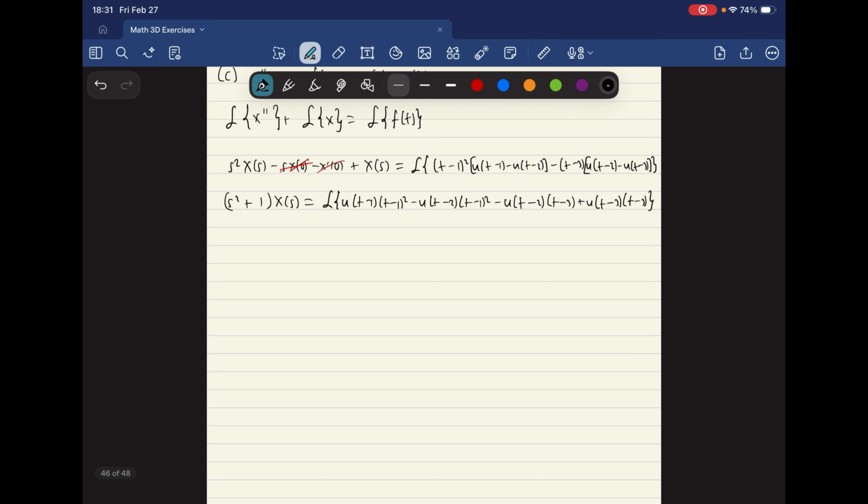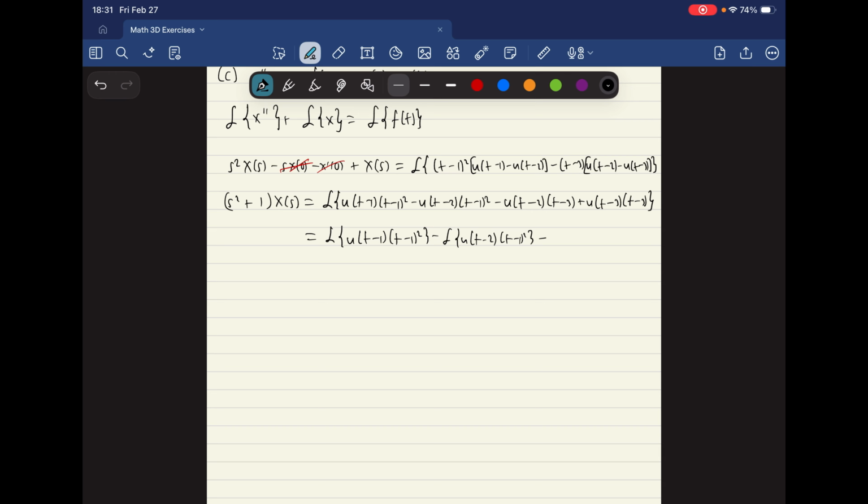Which, by linearity, is the same as L of u of t minus 1, t minus 1 squared, minus L of u of t minus 2, t minus 1 squared.